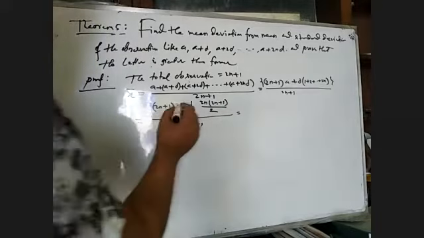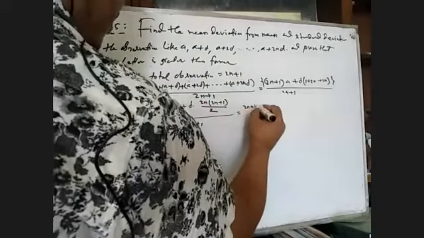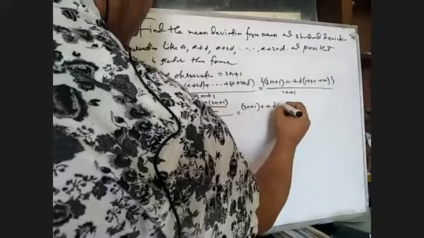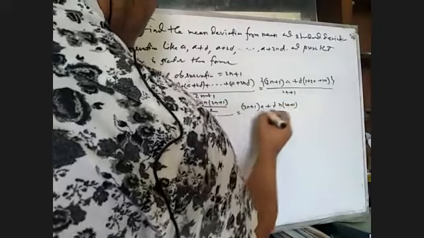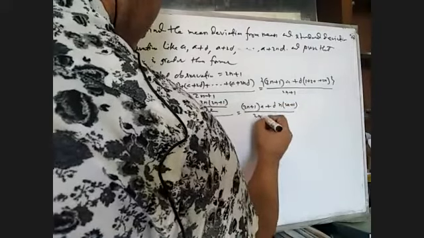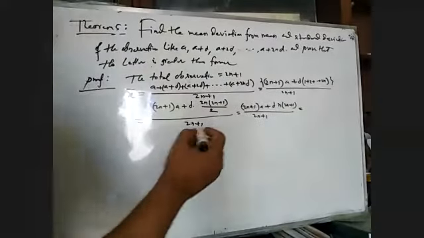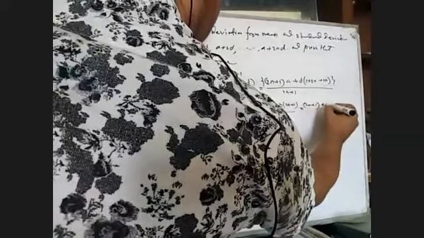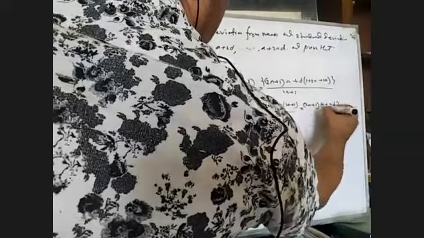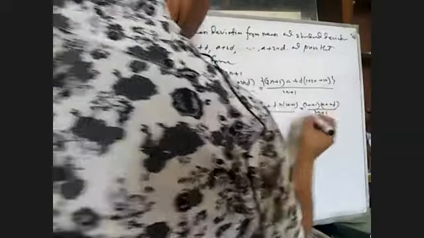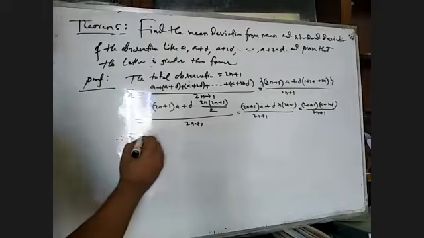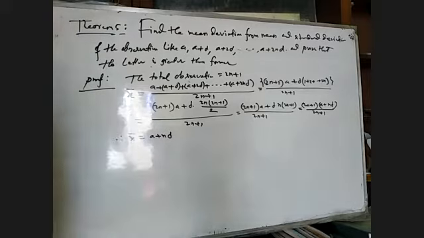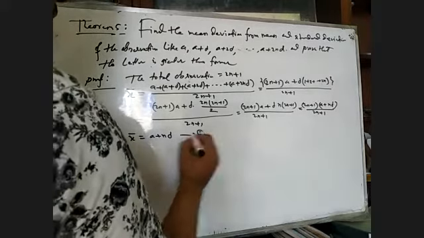So 2n plus 1 into a, 2 cancel, plus d n into 2n plus 1 divided by 2n plus 1. This equals what? 2n plus 1 will be common, a plus nd. So the arithmetic mean equals only a plus nd. This is equation number 1.